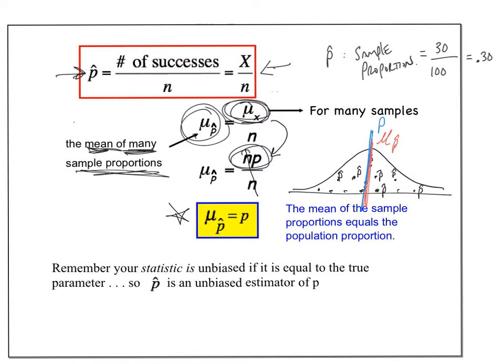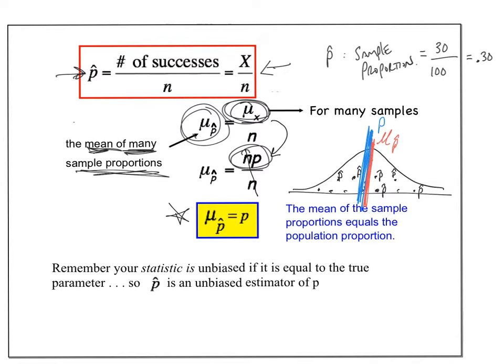Like when we were talking about pennies, we were talking about sample means and how if it's unbiased, the mean of all of my samples should line up with the true population mean. It works the same way with proportions.